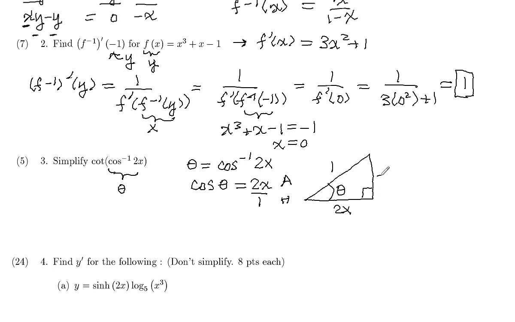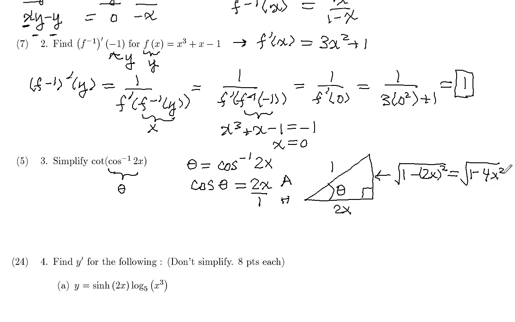And then remember, this side that's left is going to be the square root of hypotenuse squared minus leg squared. So this is going to be the square root of 1 squared, which is 1, minus the 2x quantity squared, which is the same thing as 1 minus, square the 2, you get 4, and square the x, you get x squared.